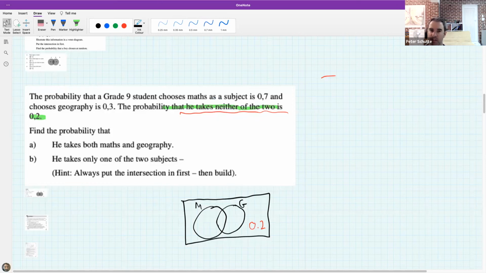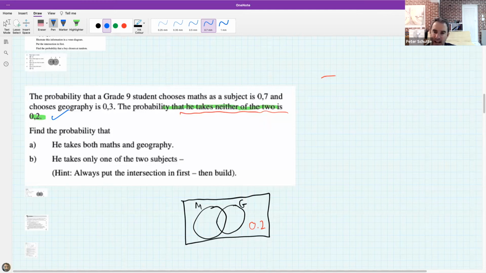Yeah, Nadi, let's go to you. Why should it add up to 0.8? If you think about the 0.2, the probability that he takes neither of the 2 subjects is 0.2. Nadi, would you agree with me? You can show in the chat if you want. The 0.2 is outside the G and the M, which represent geography and maths.